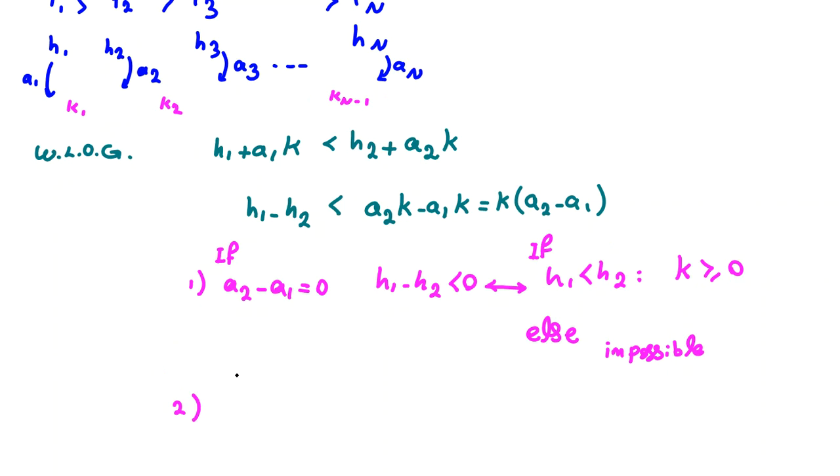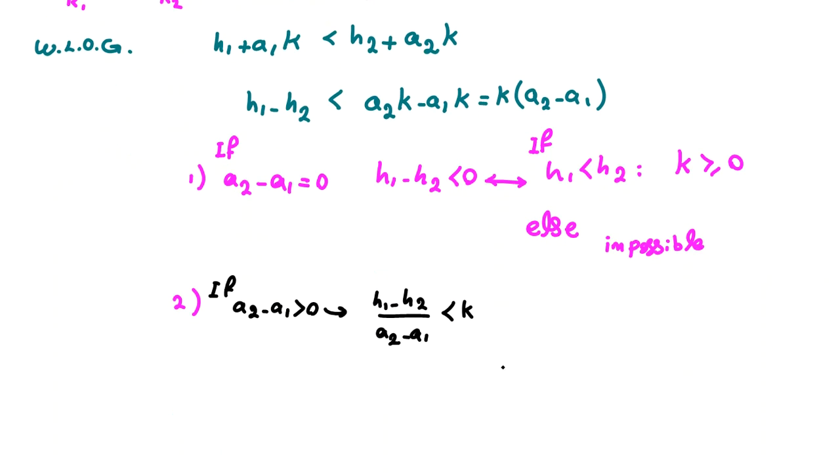Second one, if A2 minus A1 is positive, then we can divide both sides by A2 minus A1, and this sign won't change. Less than K. But K is an integer. Maybe this number is a real number. So if I want to say K is at least what, I can say ceiling of that, but maybe it's an integer.